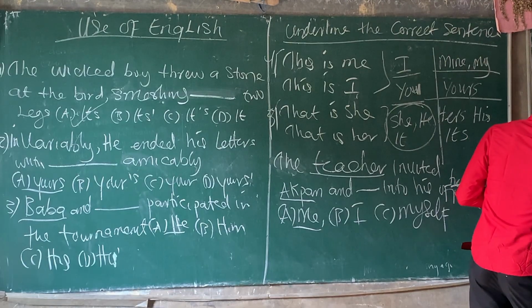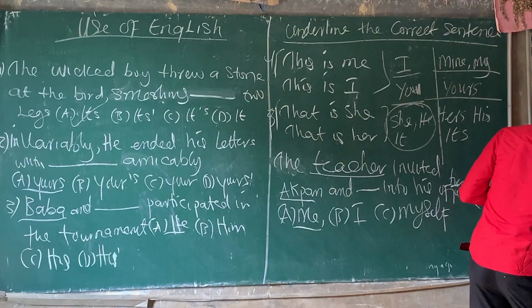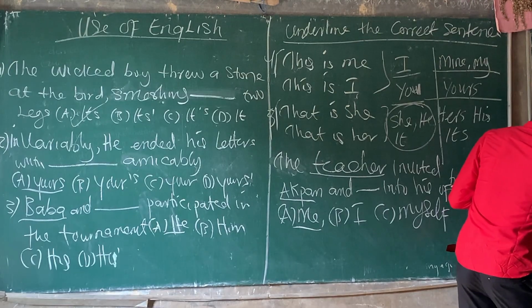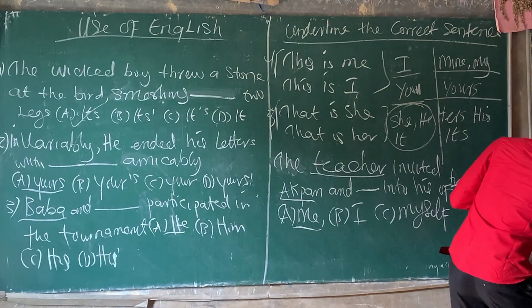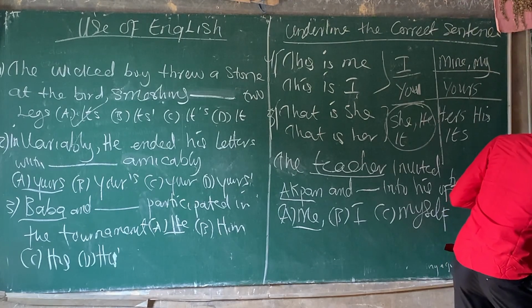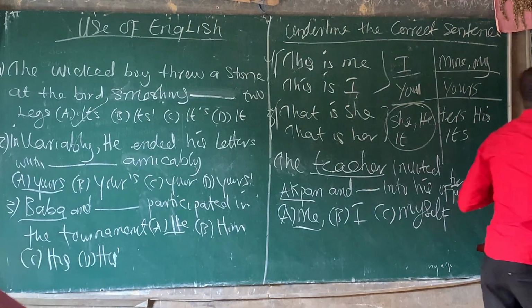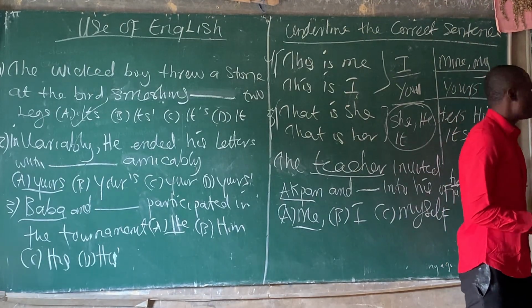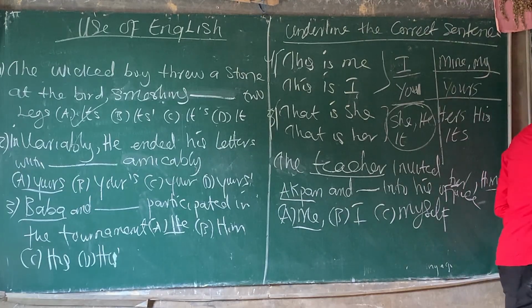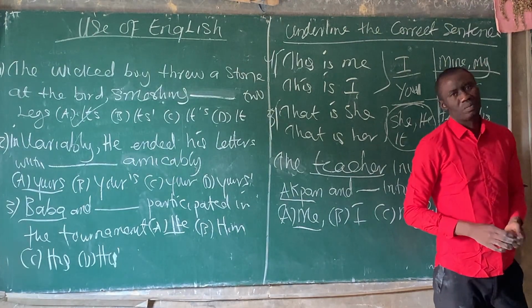First person plural, second person plural, third person plural. Okay, now let's take it up. Alright. Now for the first person plural, what will you use? You use we.